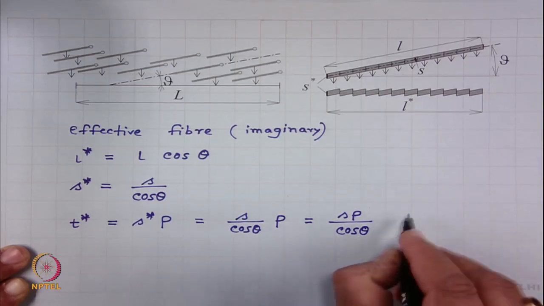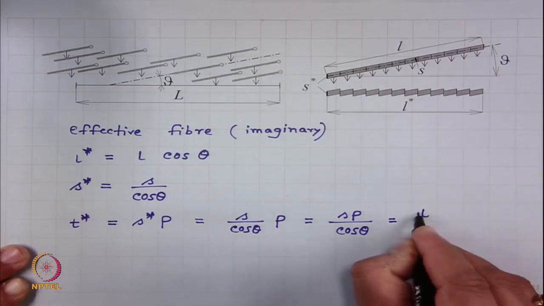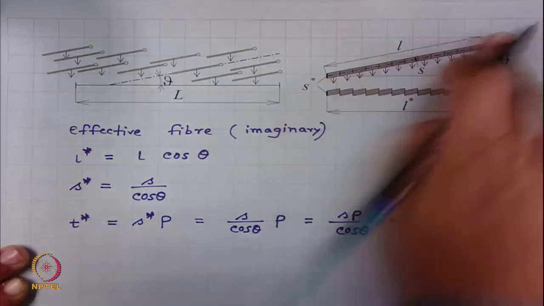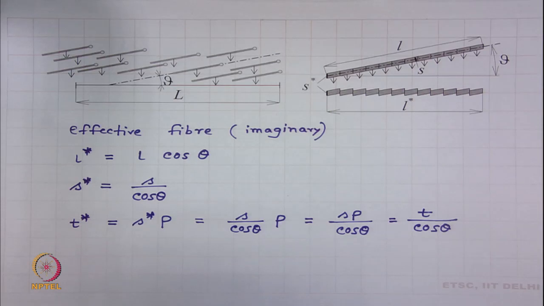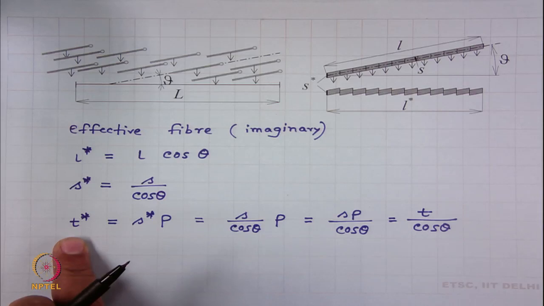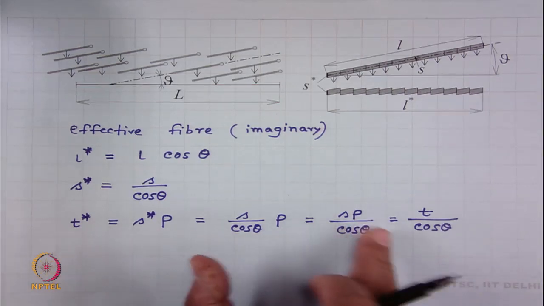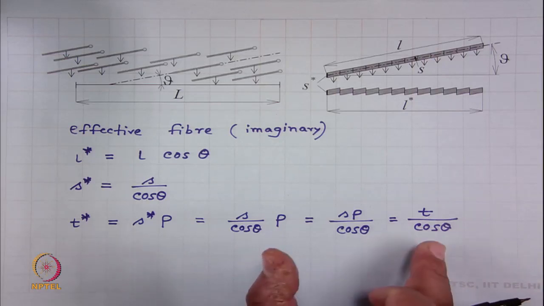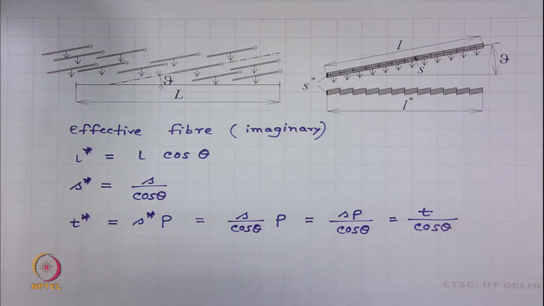What is S into rho? S into rho is T. T is the fineness of oblique fiber into cos theta, right. So, fineness of the effective fiber or imaginative fiber is equal to the fineness of oblique fiber divided by cos of the angle of inclination.